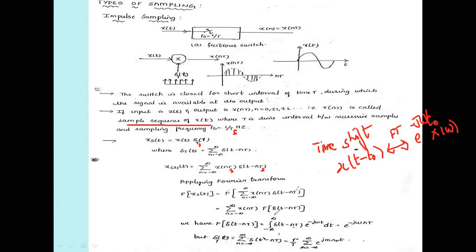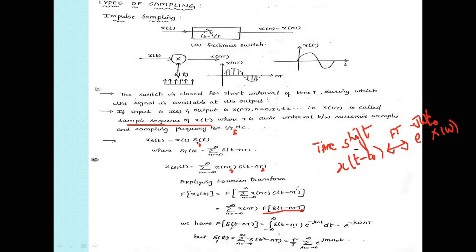So by using the time shift property, for x of t minus t naught, the Fourier transformation is e power minus j omega t naught into x of omega, multiplied with the exponential for whatever the samples were shifted. Here the delta function is shifted by the samples of nT.